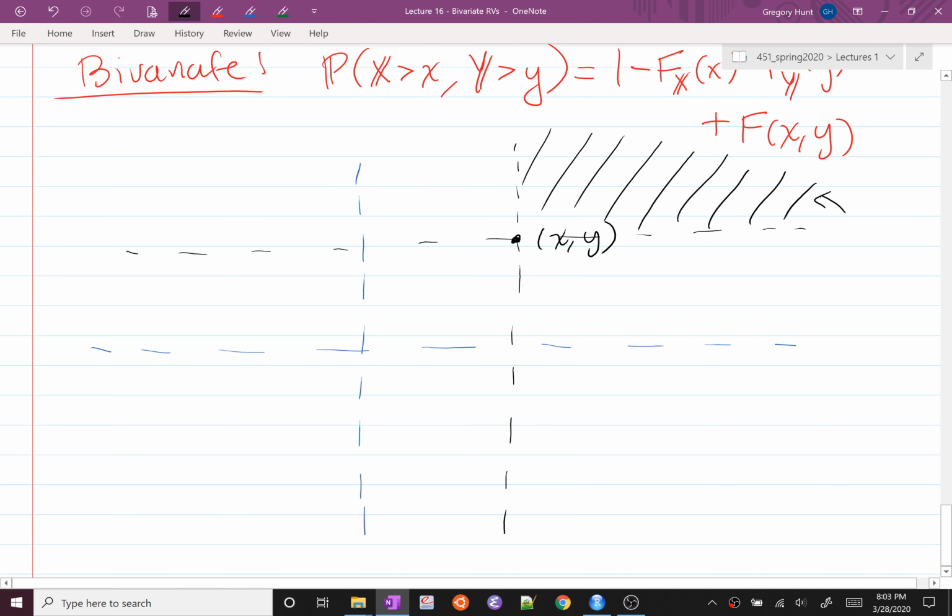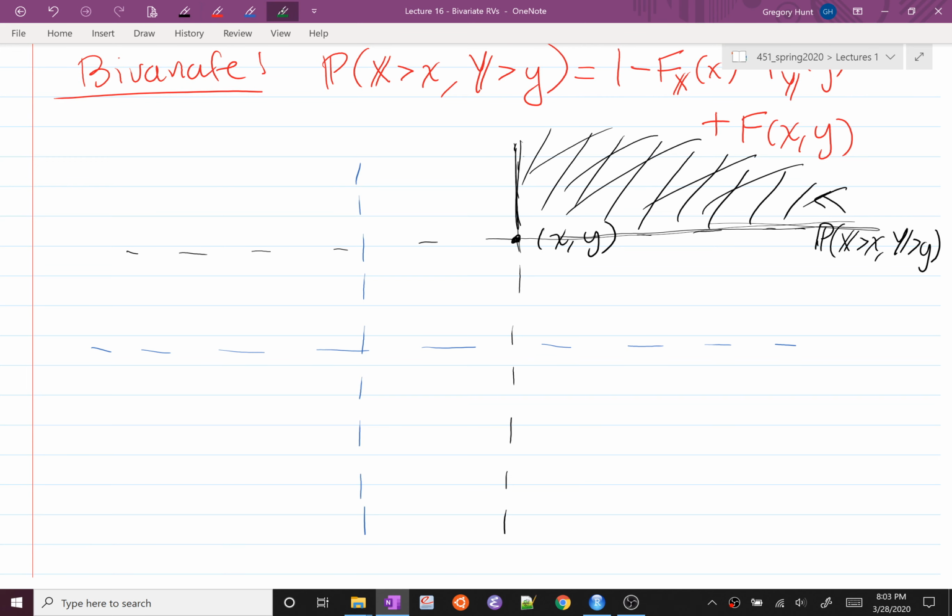This area is the probability I'm both bigger than little x and bigger than little y. I'm above this line of little y, and I'm above this point of little x. So it's this whole hashed region that I want the probability of being in.